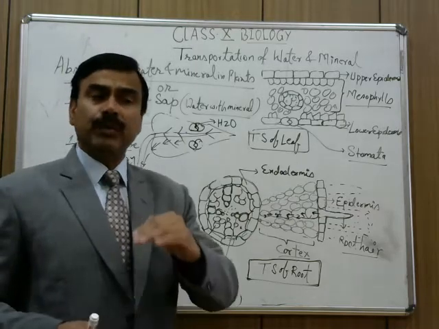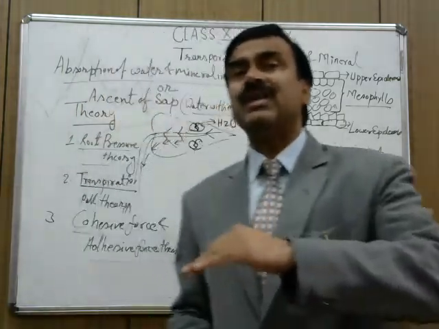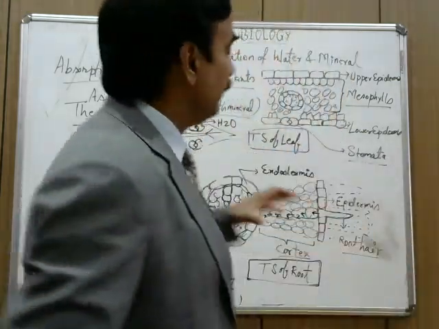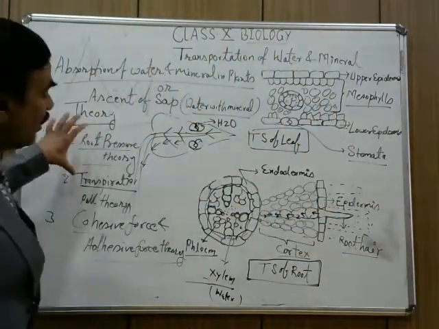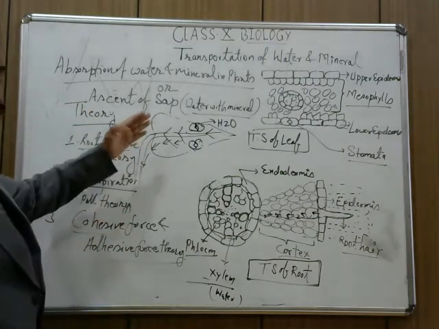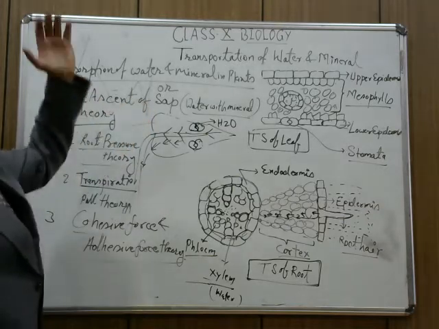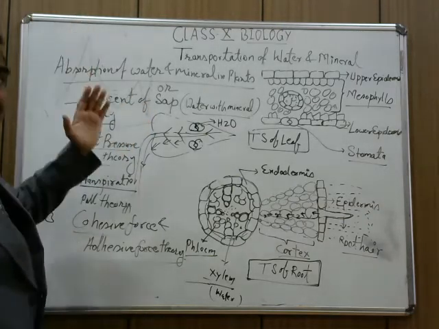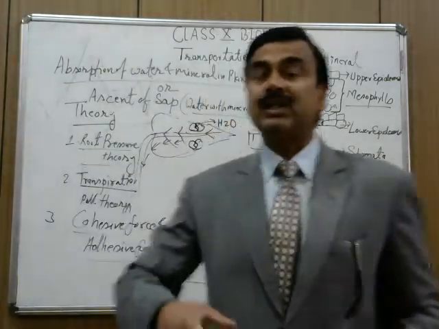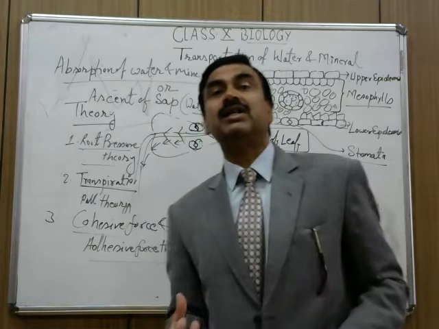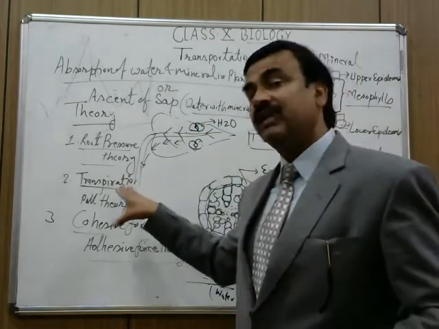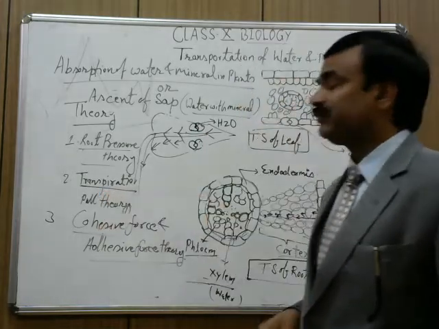These theories proved the movement of water only up to certain heights, only 5 meters, 10 meters. But these three theories are working for the movement of water and minerals to the maximum height. So now you got my point: the transpiration pull generated by the transpiration process is working a lot for the absorption of water and minerals.